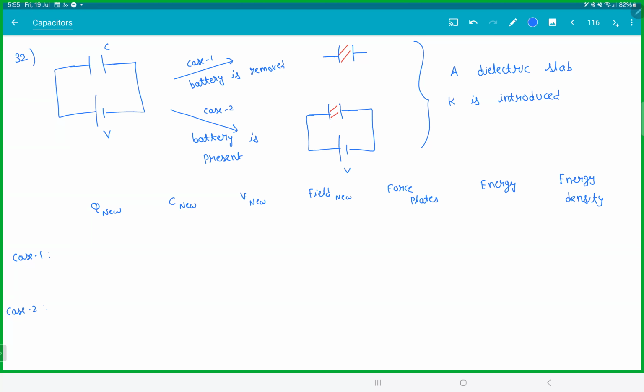If you keep the battery, voltage will remain constant. Okay, I'll give you a minute. I'll show you both.